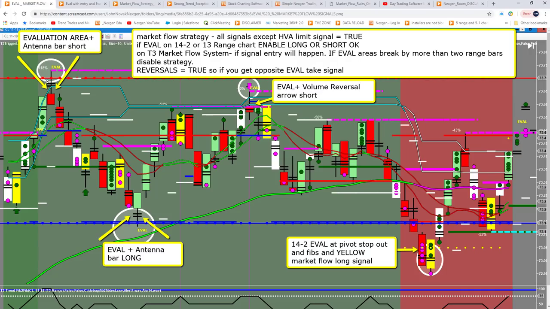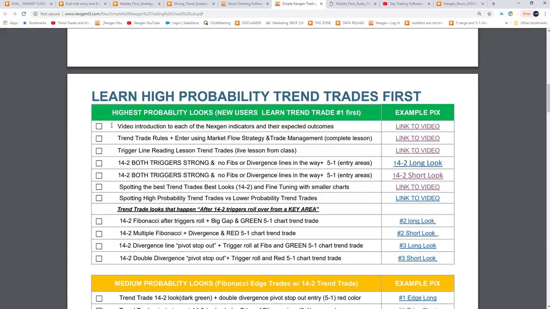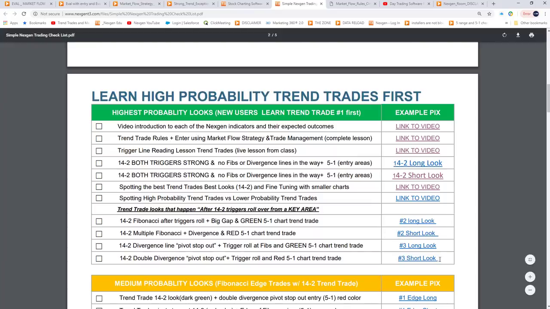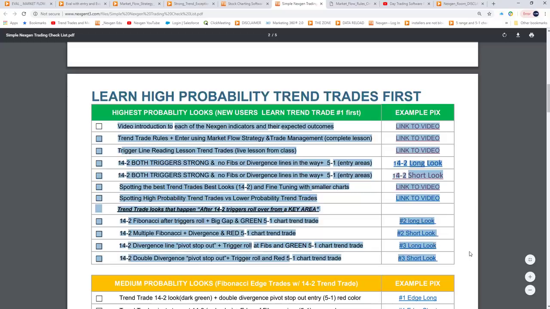When you can take advantage of 2 or 3 of these, usually you get about 3 to 4 trades inside of a choppy zone before it breaks out. And then we revert back to strong trend trades on our smaller charts. Usually that's a really, really good recipe to be able to take advantage of both sides of the market.